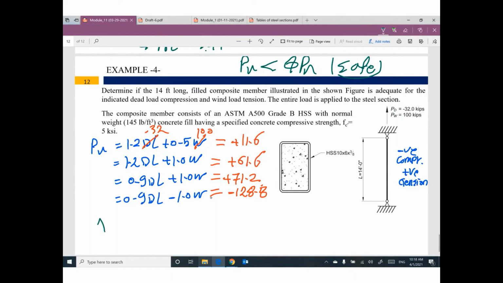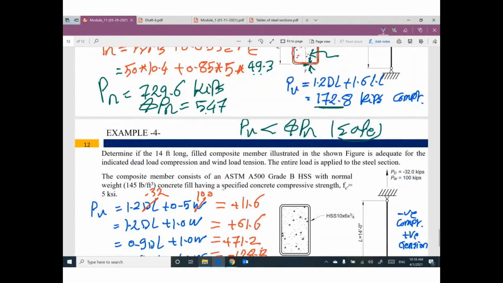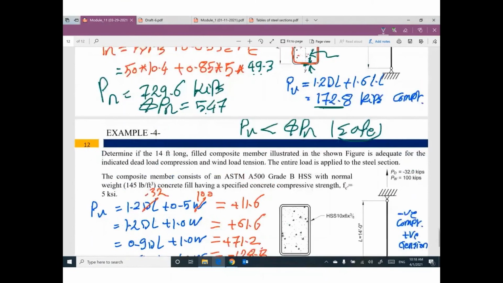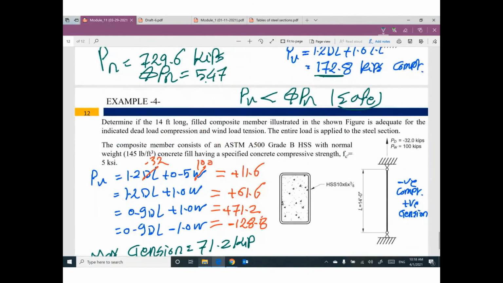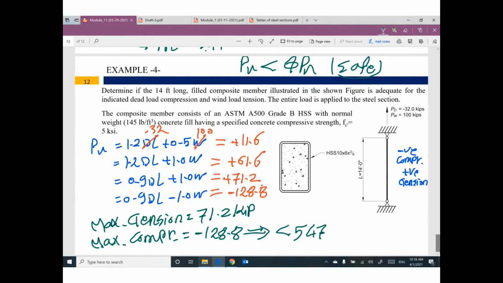The maximum tension equals 71.2 kip. The maximum compression equals negative 128.8. Okay, for compression, this value is smaller than 547, which is safe.